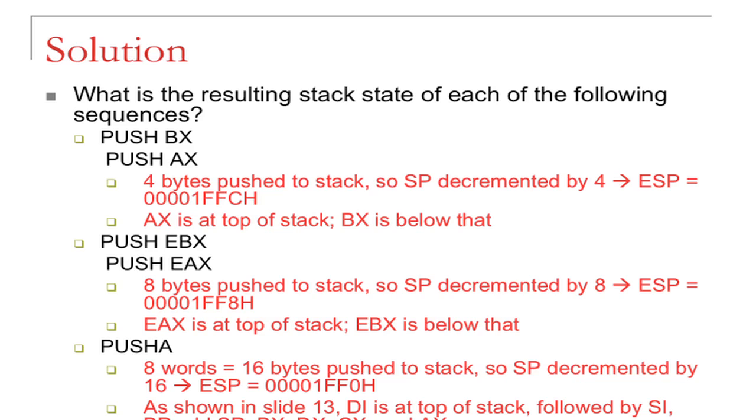Okay, let's see. For the first scenario, we push BX, then push AX. So we'll push 2 bytes, then another 2 bytes. So SP is decremented by 2, then again decremented by 2. So overall, SP is decremented by 4. So the SP or ESP is 1FFC.